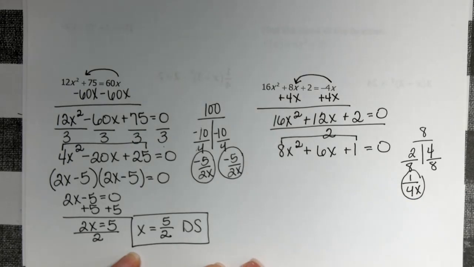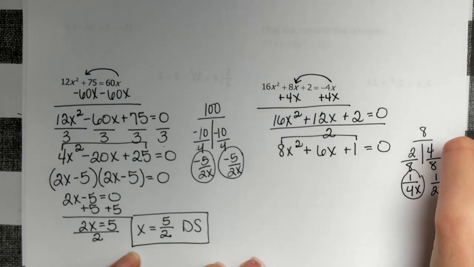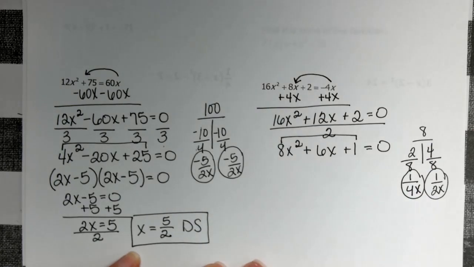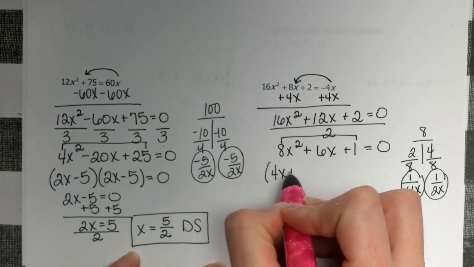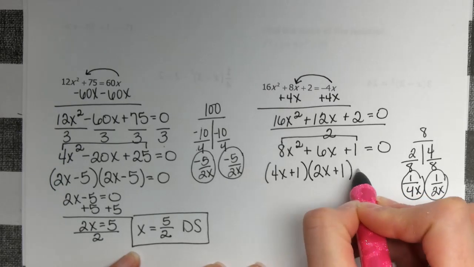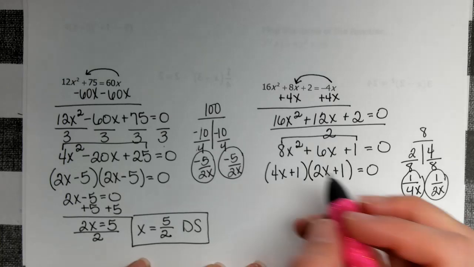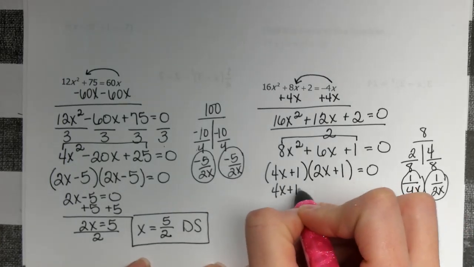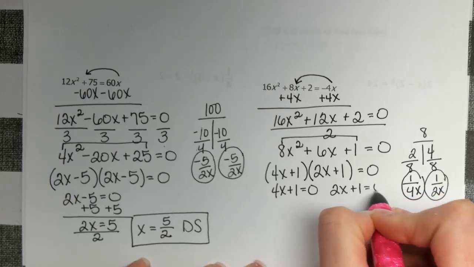2 over 8 simplifies to 1 over 4. 4 over 8 simplifies to 1 over 2. So my factored form, 4x plus 1 times 2x plus 1 equals 0. Separate, 4x plus 1 equals 0, 2x plus 1 equals 0.